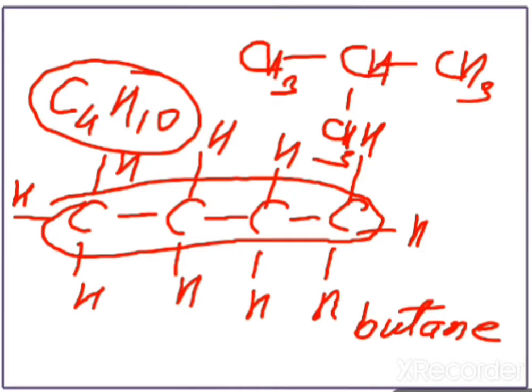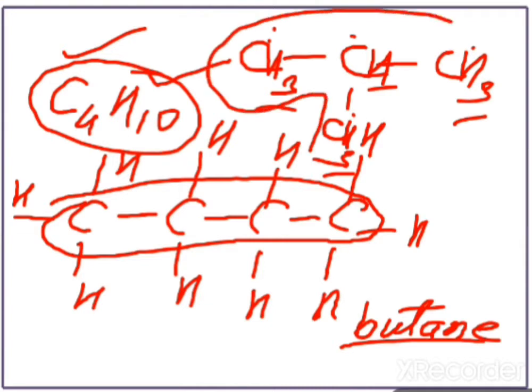Now the total count is 3, 6, 9, 10. Total hydrogens are 10, total carbons are 4. So C4H10 is the molecular formula of two compounds. One compound is butane and the second compound is named 2-methyl propane.